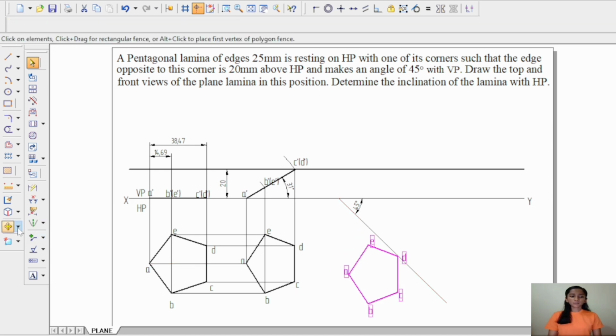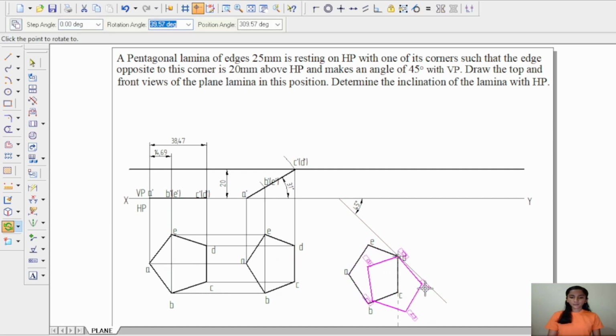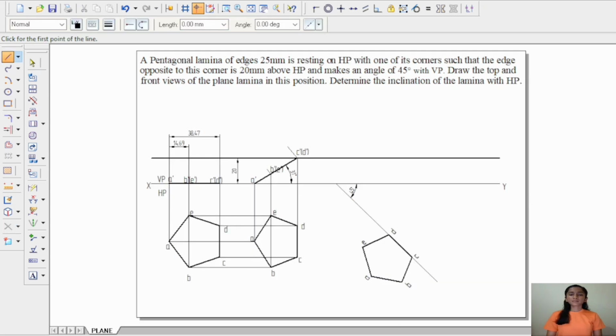Now go to Rotate option, select point D and point C and rotate and place it on the 45-degree line. Now using the line command, let's draw the projection lines. Select line command of thickness 0.13 mm.